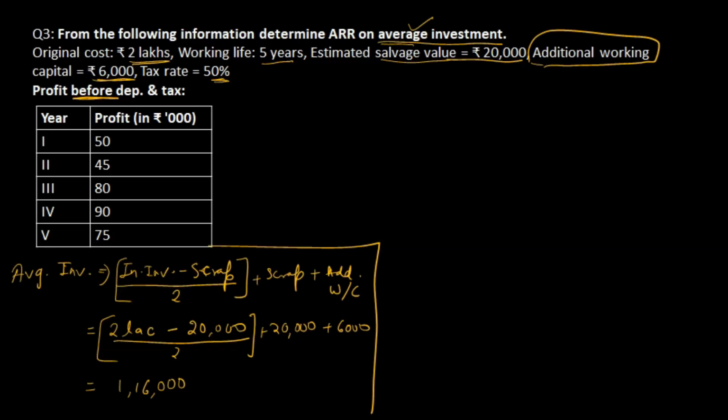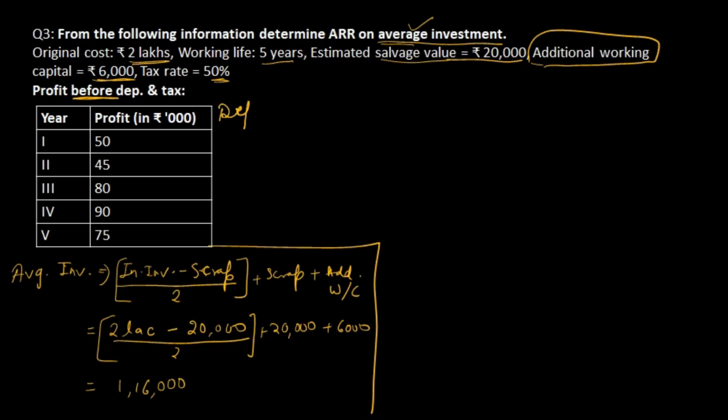Profits are given for 5 years but neither depreciation nor tax is deducted from it. So we have to deduct depreciation as well as tax from these profits. The tax rate is already given, that is 50%. Depreciation is not given in the question, but we can easily find it out.